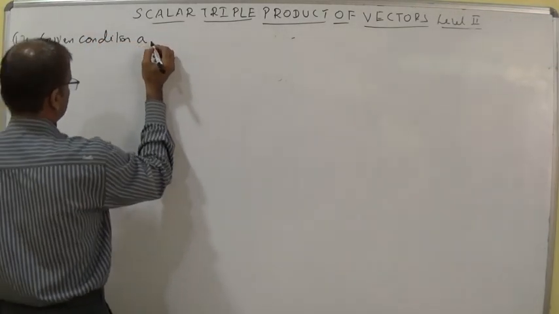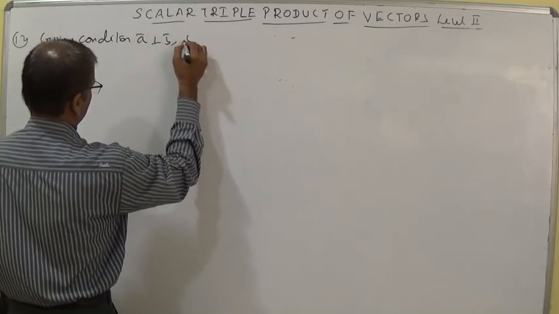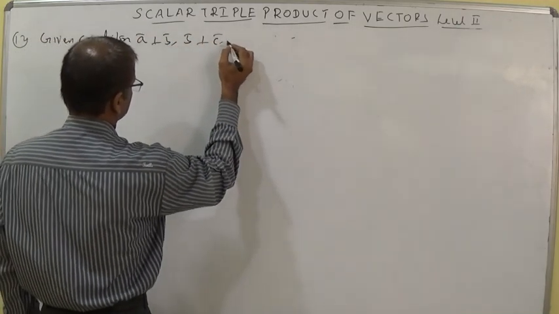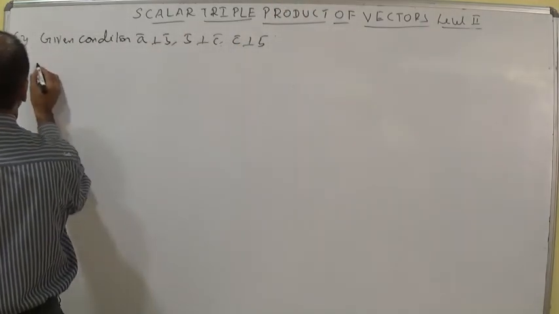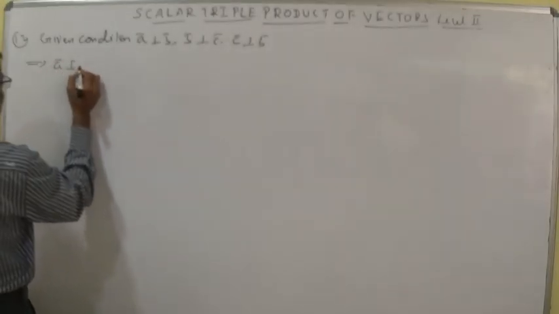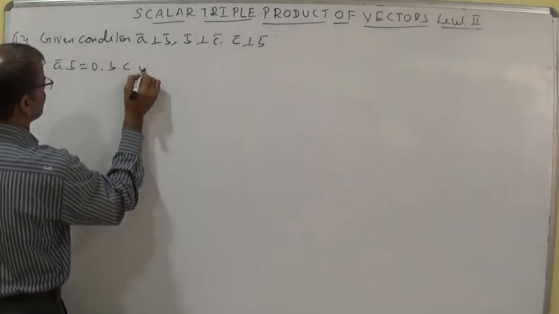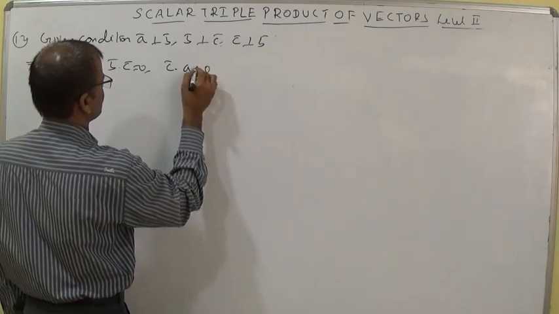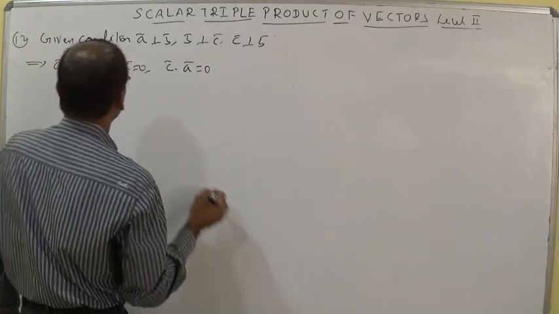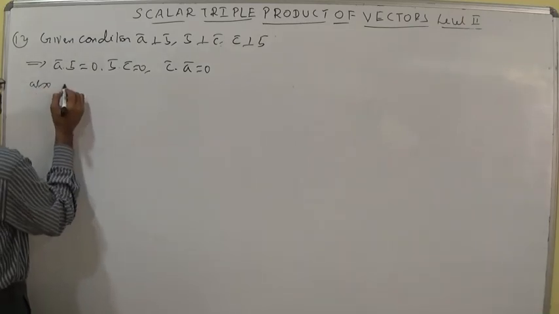Given condition is A bar perpendicular to B bar, B bar perpendicular to C bar, C bar perpendicular to A bar. That implies A bar dot B bar equal to 0, B bar dot C bar equal to 0, C bar dot A bar equal to 0. This is the perpendicular condition.